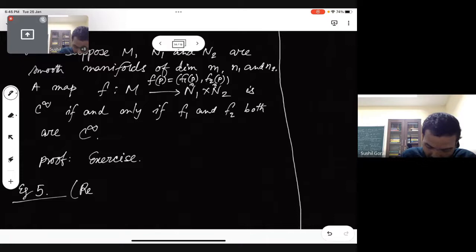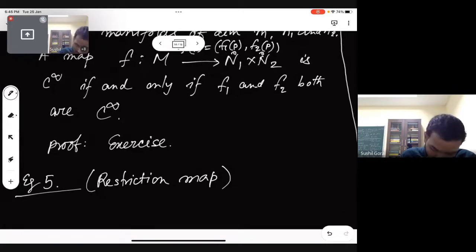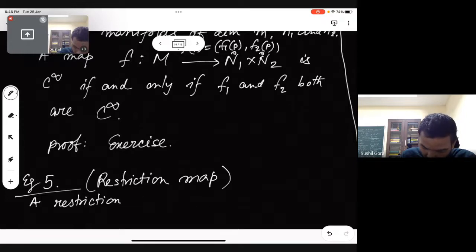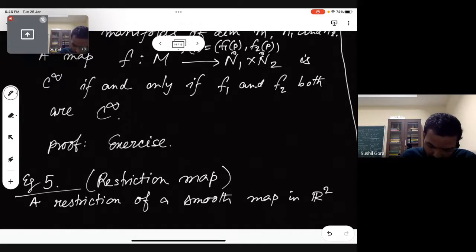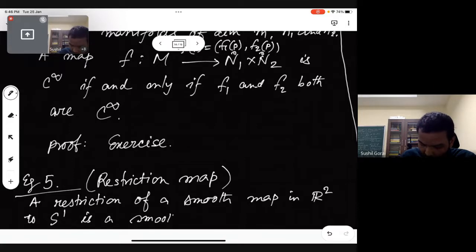We'll prove the general case later. The restriction of a smooth map in R2 to S1 is a smooth map on S1.